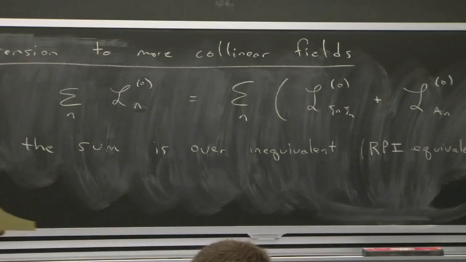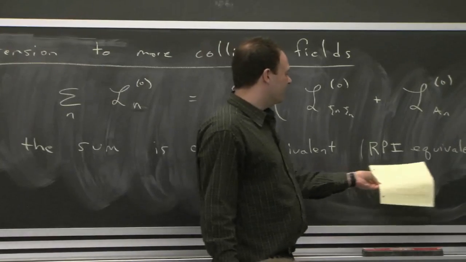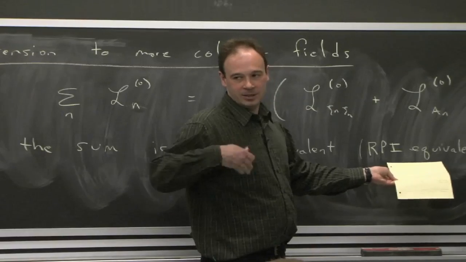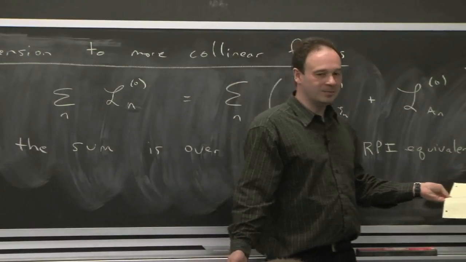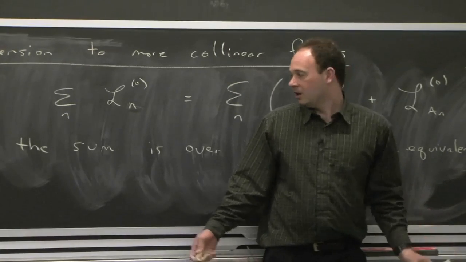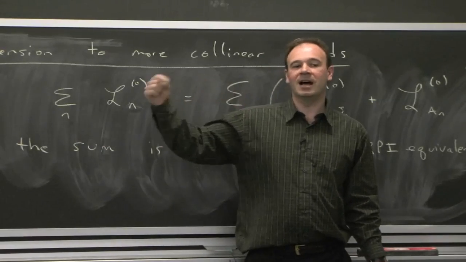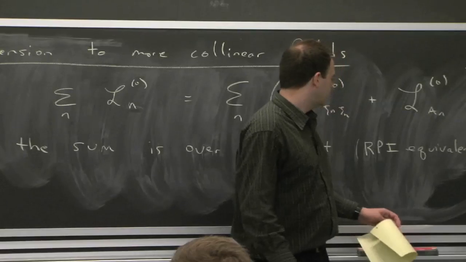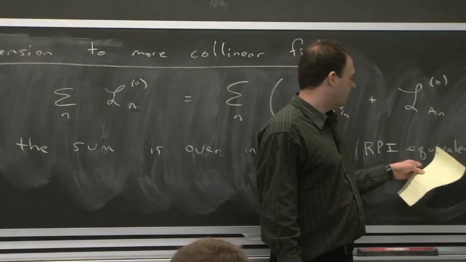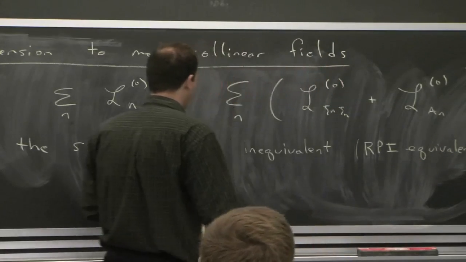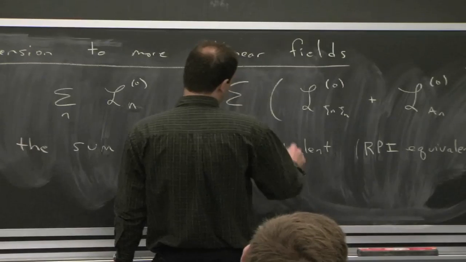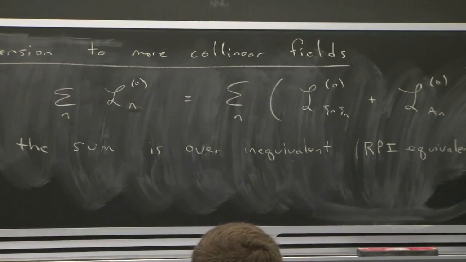Inequivalent RPI equivalence classes. So two n's are the same if they belong in an equivalence class where they could be connected by reparameterization invariance. So you should think of the n's that I'm summing over here as just members, one of each class. They're just picking out what that class is, labeling it by one member, and then I sum over an inequivalent set.